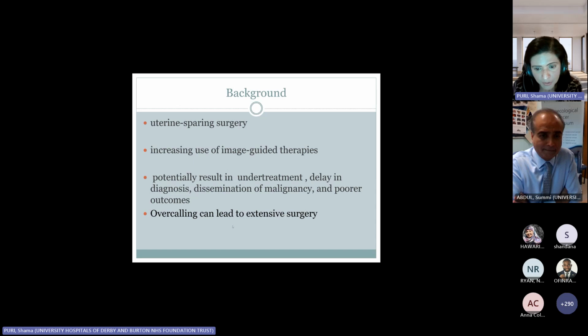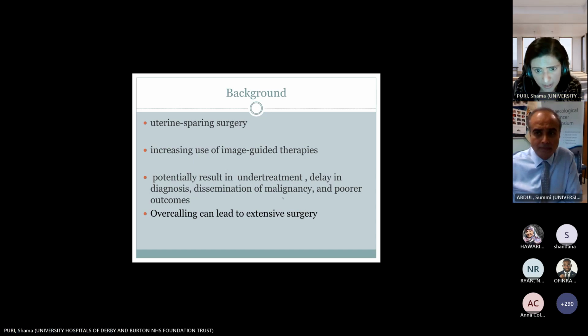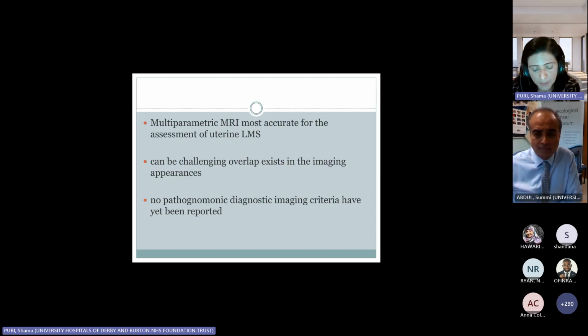On the other hand, if we overcall them, then the lady can have more extensive surgery than she actually needed. So we need to try to accurately assess whether something is a fibroid or a leiomyosarcoma.